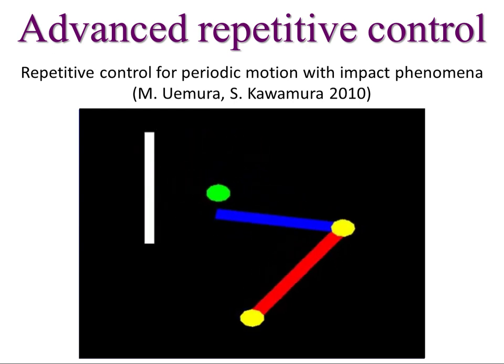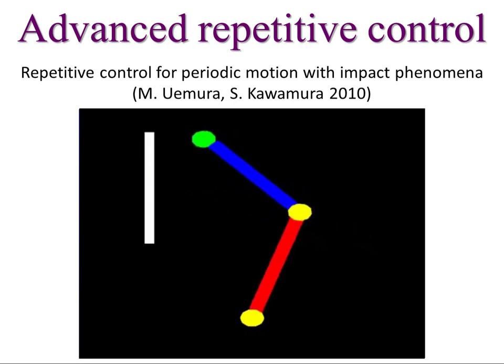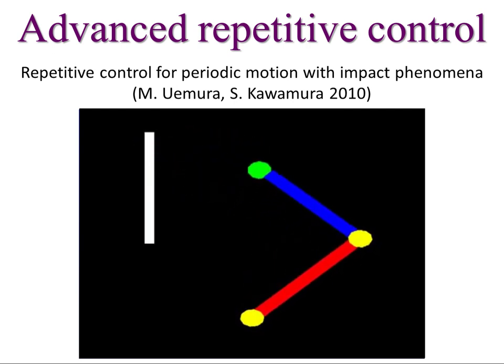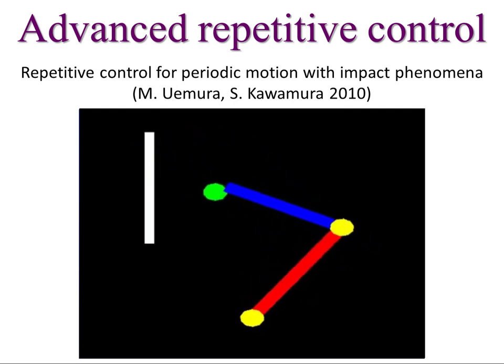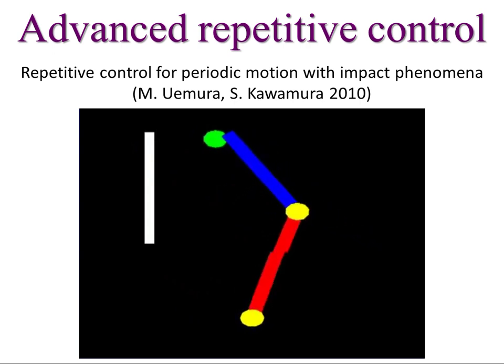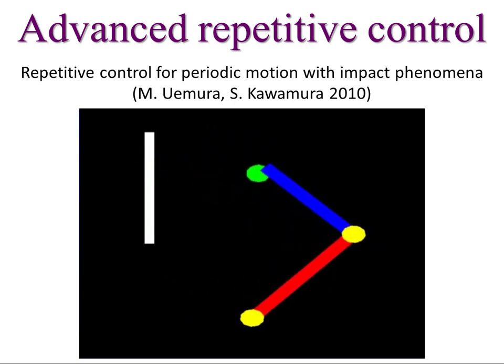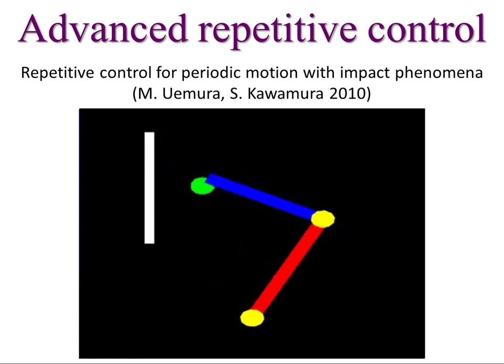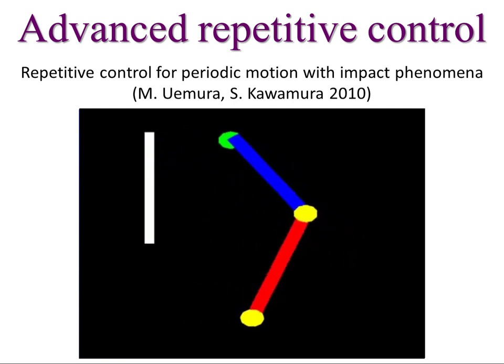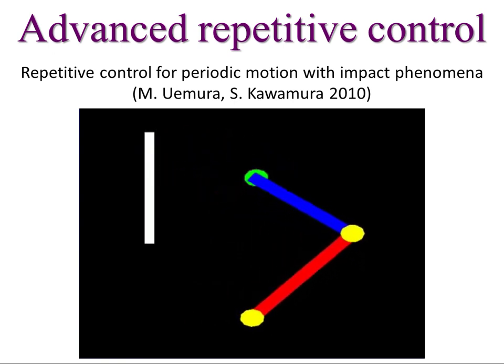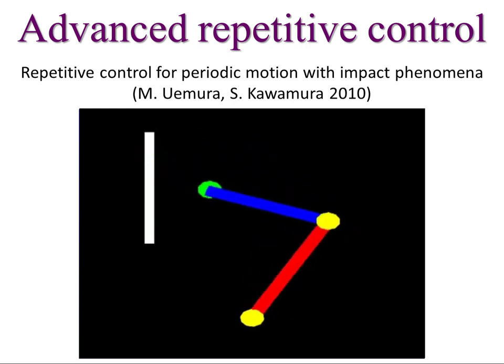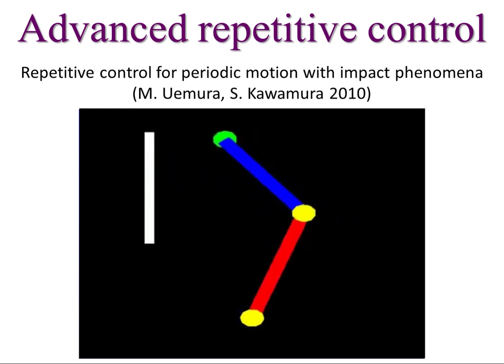Collisions occur periodically, for example, when the robot is hammering down nails with a hammer or when it is walking. In such cases, we need a control method that can guarantee the stability even if the collisions occur.